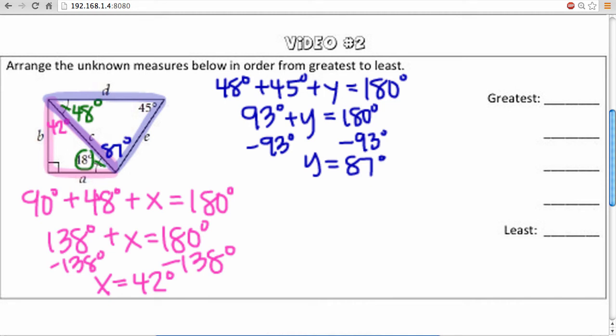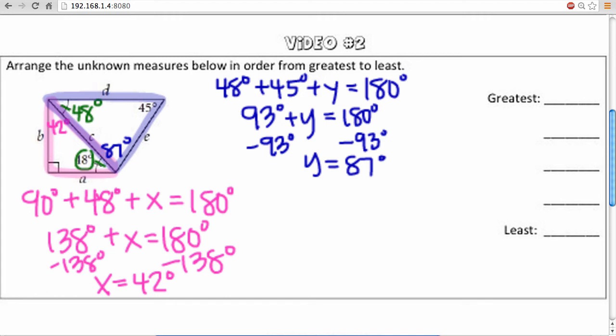So now we have to take a look and decide which triangle has the larger sides, and then we can arrange them from greatest to least. Now, if we take a look here, we've got the pink triangle on the bottom left, and then we also have the purplish blue on the right-hand side.